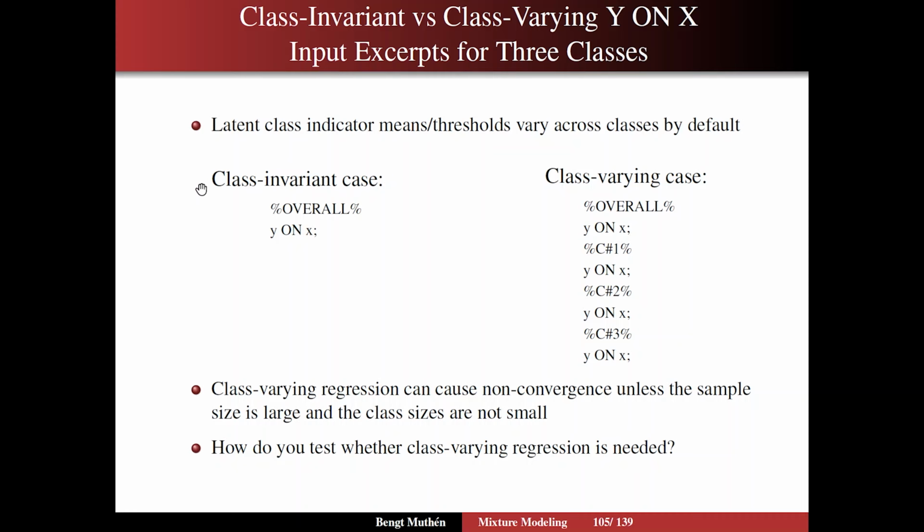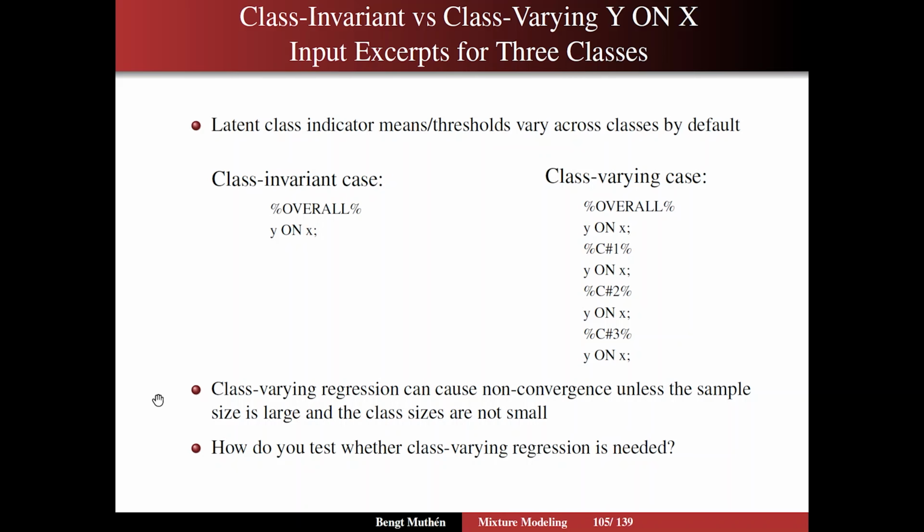On the left we have the class invariant case, which we have seen for the application so far. Y on X, only one parameter estimated in this case. On the right we have the class varying case, where in addition to Y on X in the overall, we also specify Y on X in each of the three classes.